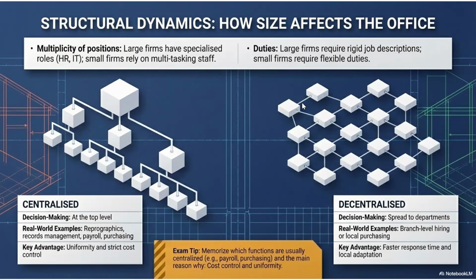Then let's take a quick look at how the size of the business could affect the office. So we're going to look at something called the organizational structure. The organizational structure represents the hierarchy of the business. It looks at the different ranks of different individuals in a business as well as who is responsible for who. The smaller the company, the more simplistic the organizational structure is.